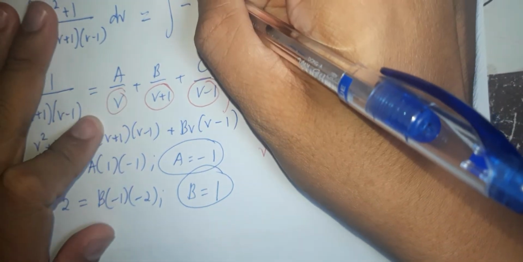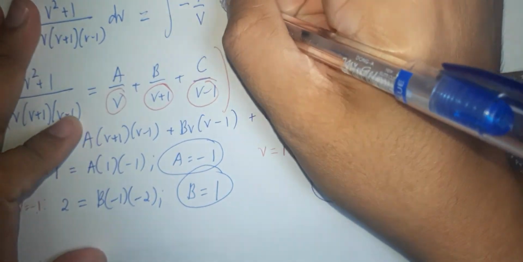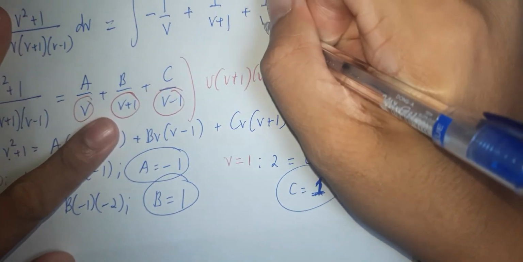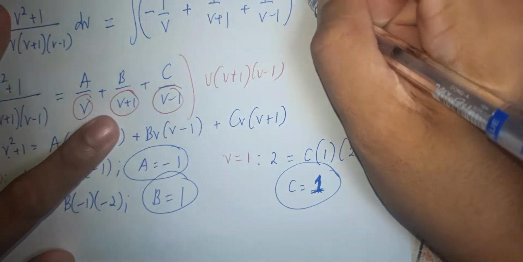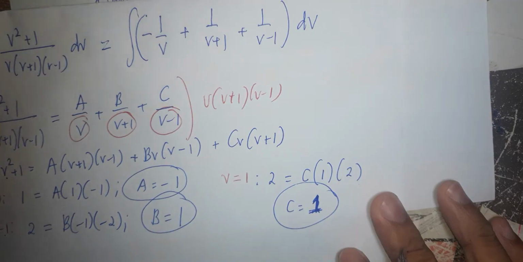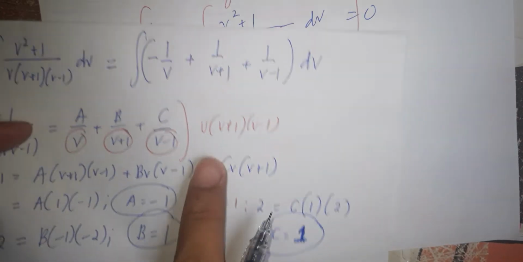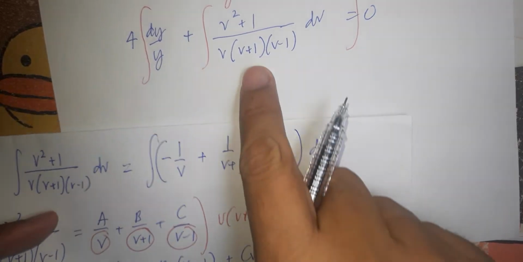So, that's negative 1 over V plus 1 over V plus 1 plus 1 over V minus 1 dV. So, lalagay na natin siya dito. So, this is what we have solved. Ilalagay natin siya doon.